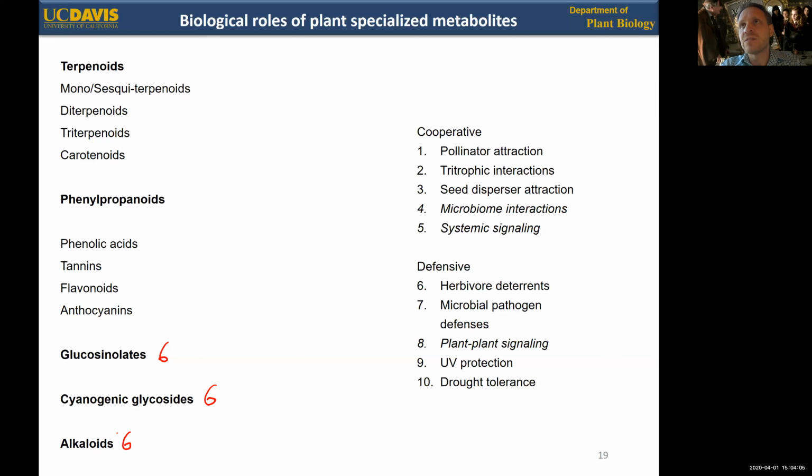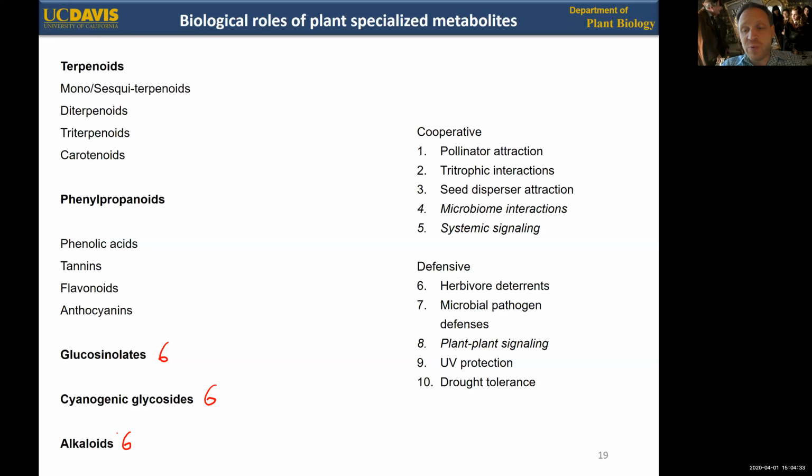The vast majority of research on alkaloids is in the therapeutic and medicinal areas. But for the most part, we can assume that their major role will be herbivore defense. Several of these may also have, to some degree, microbial pathogen defenses, but this would be a secondary role to the herbivore defense.